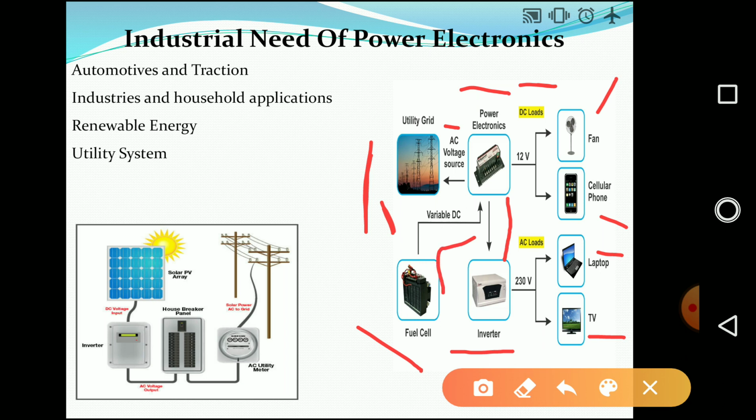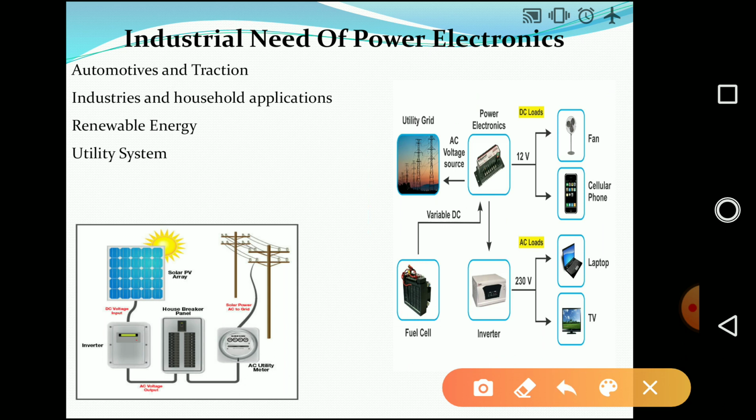If power gets cut off, the supply from the fuel cell is connected to the power electronic circuit, which converts DC into AC and connects to the household applications through the inverter. So this is one type of application used in households.